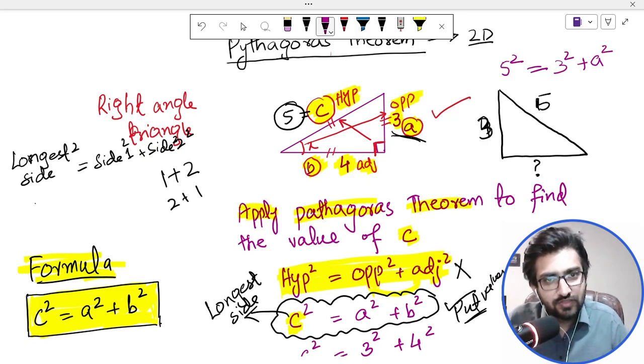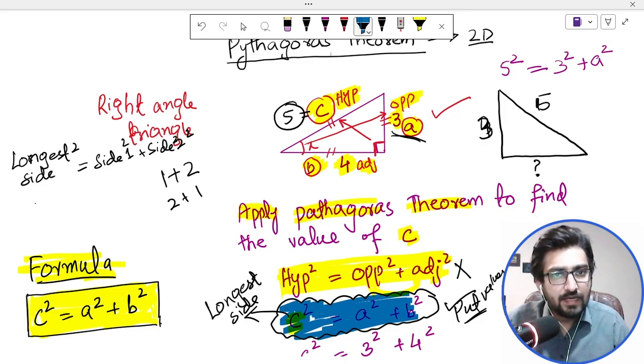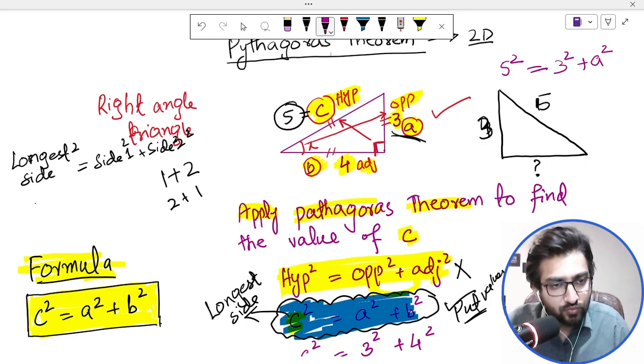So actually I have used this formula, a square plus b square. What I did here, I substituted the values in the formula, but I made that simple for you. You just need to take the square of the longest side equal to the square of the other side and the square of the third side. So third side you want to find out, so keep that as a square.